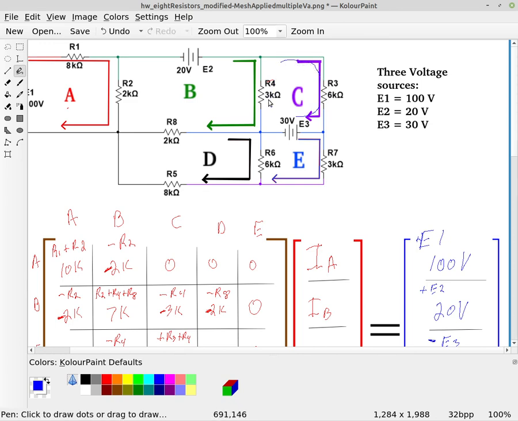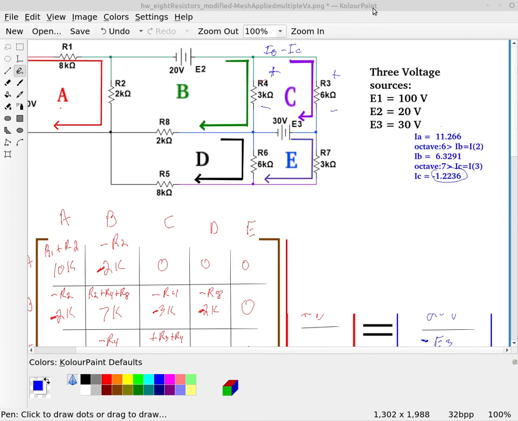What that means is that the current through the resistor R4 is equal to IB plus the magnitude of IC, because IC is going this direction and IB is going this direction. So if I wanted to calculate the current through R4, it would be IB minus IC, but IC is negative, so that makes it a positive.